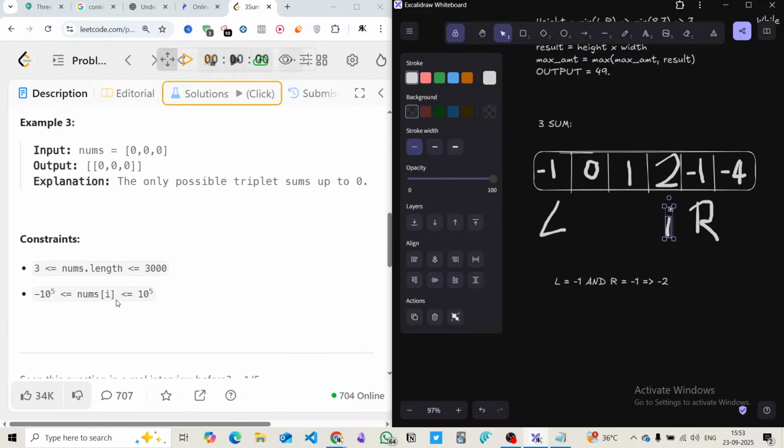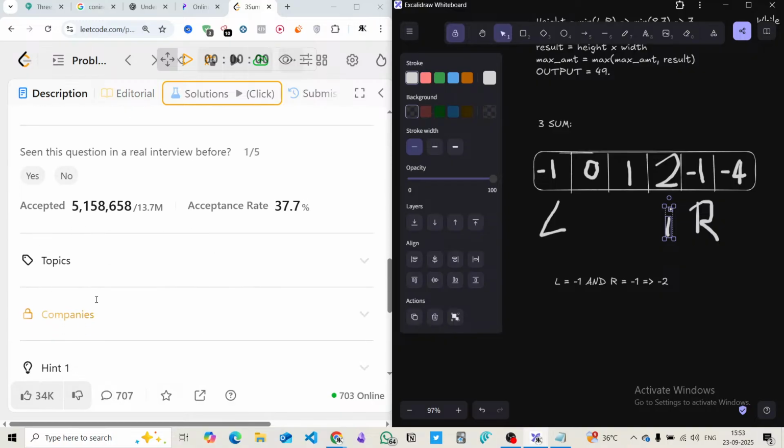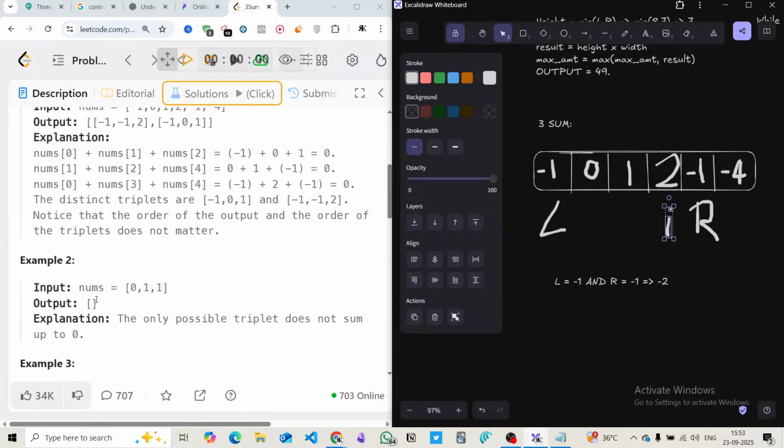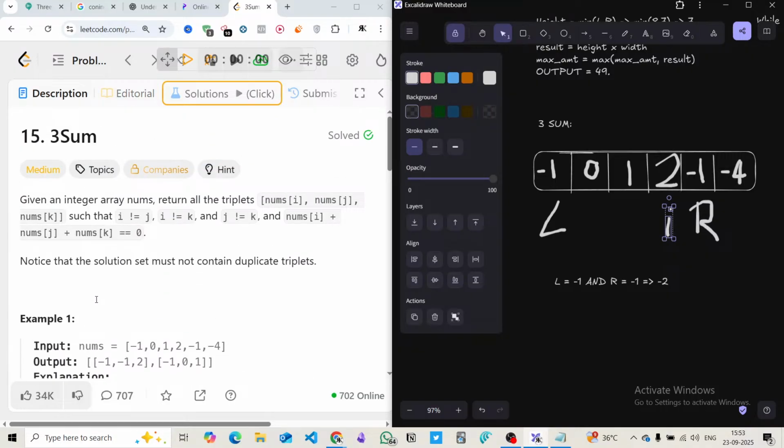So did they mention any time complexity here? Or else there is one thing.